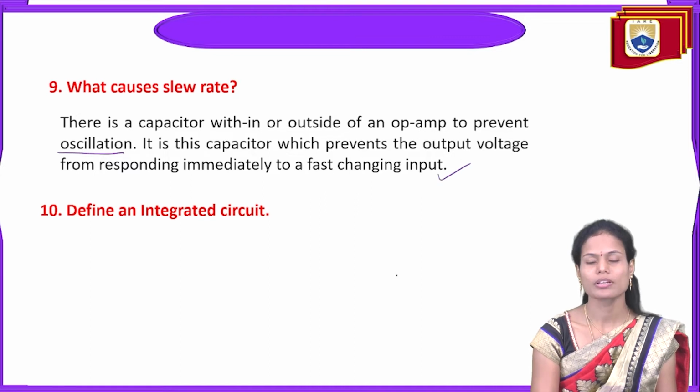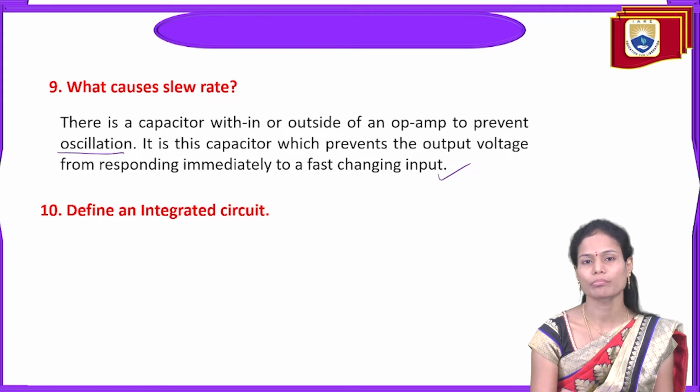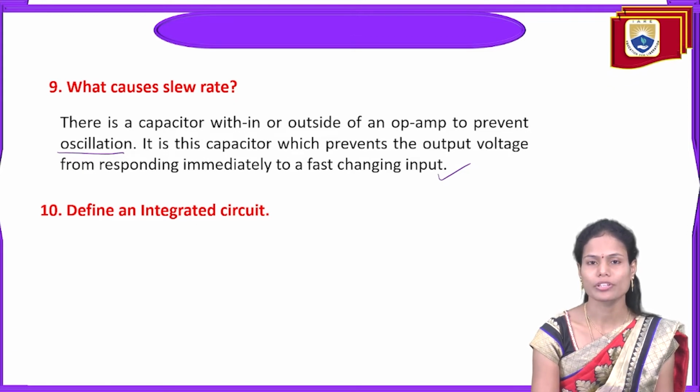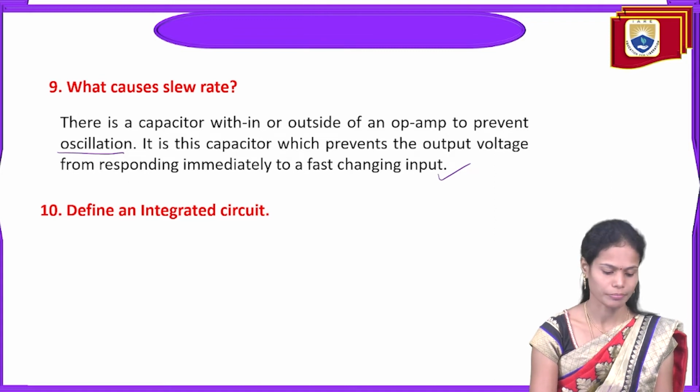The action of the capacitor is that whenever we provide the input voltage, at that particular instant it will not respond or charge. It will take some time to charge the capacitor. Because of that reason, it affects the slew rate in the operational amplifier.